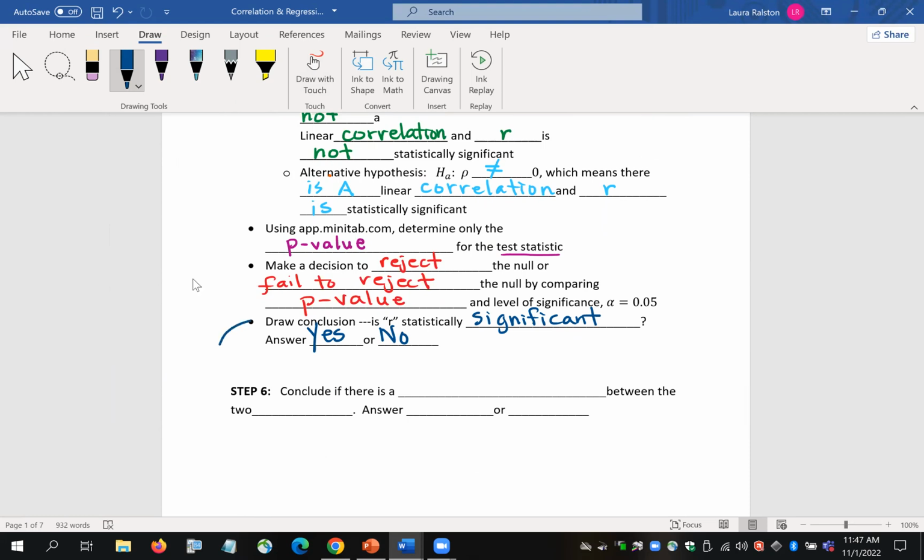Which then leads us to step 6 to conclude if there is a correlation or a relationship between the two variables. And again, this is going to be a yes or no answer.